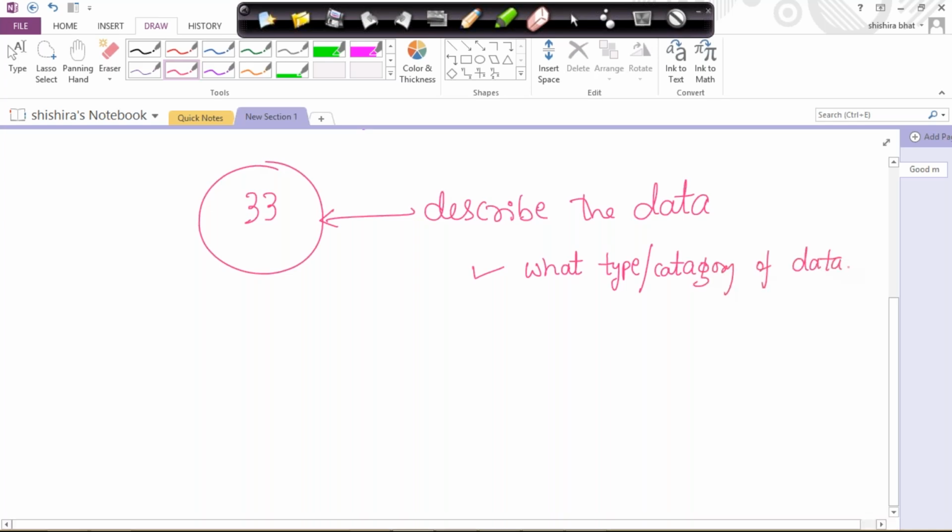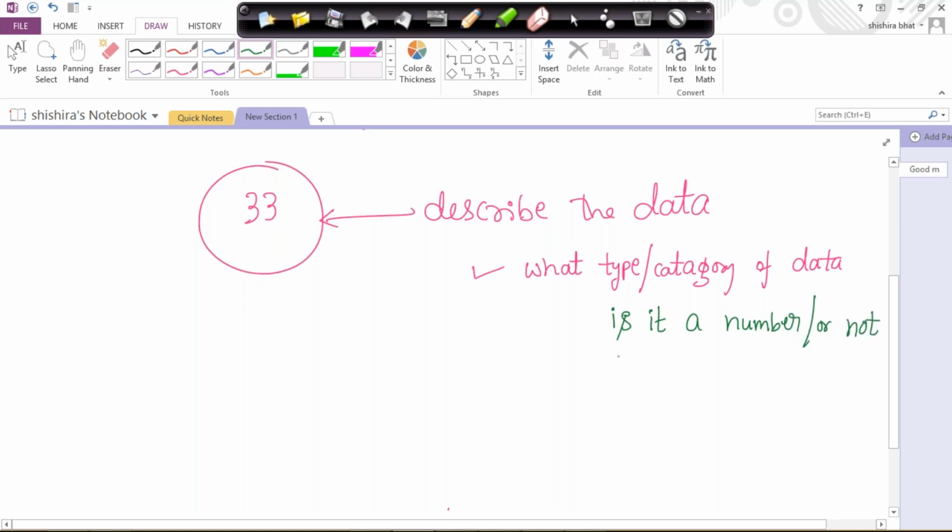When I say what category of data, there are many things which come into picture here. The first one: is it a number or not?